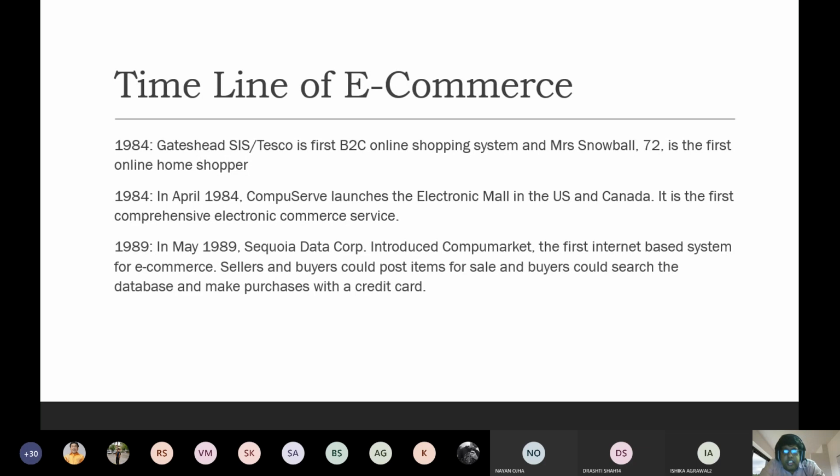In 1989, Secure Data Computing introduced CompuMarket, the first internet-based system for e-commerce, where sellers and buyers posted items for sale, and buyers could search the database and make a purchase with a credit card. This is where in 1989 you have seen an evolving system.